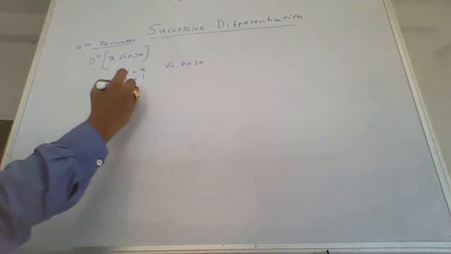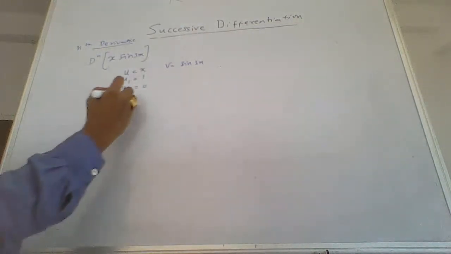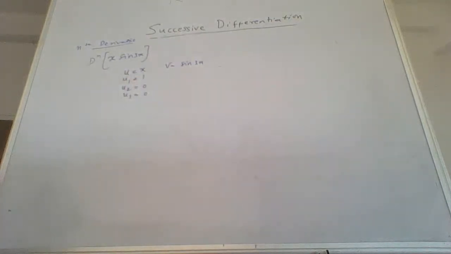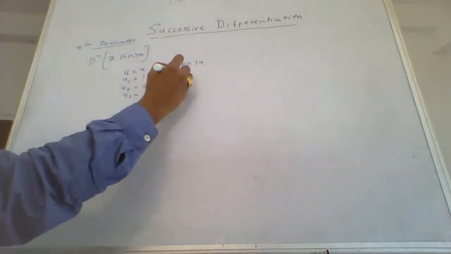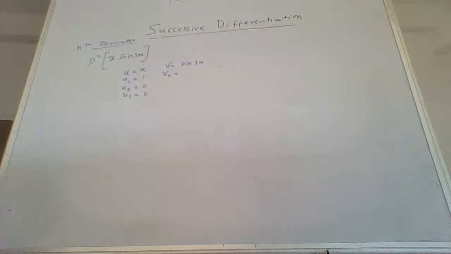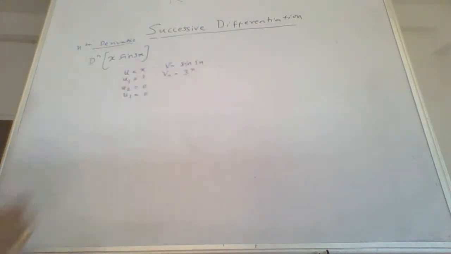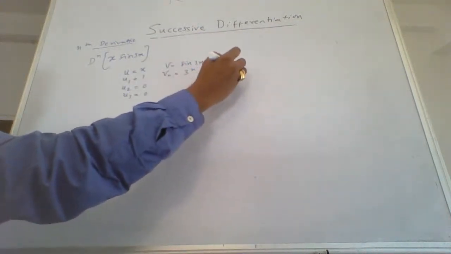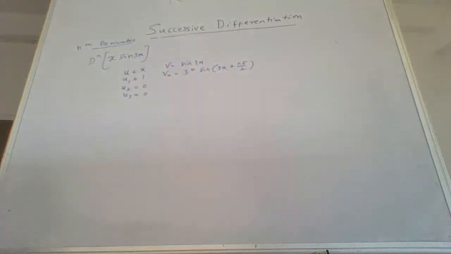The next derivative would be 0, again u3 will be 0, and so on. Now for v, the nth derivative would be 3 to the power of n sine of 3x plus n pi by 2. So this will be the nth derivative of this.